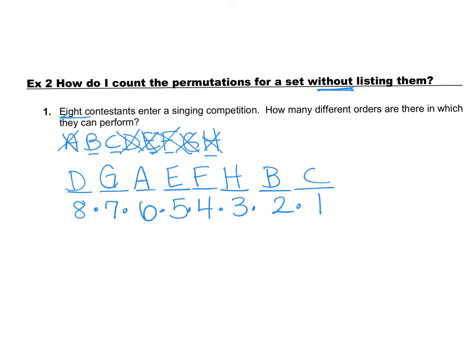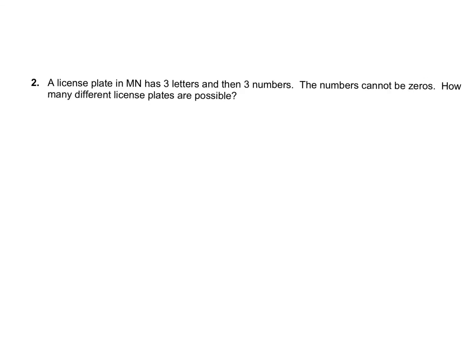So if I multiply all these together, I end up getting 40,320. All right, so I have this many permutations, or this many different ways I could arrange all of these people out on the stage.